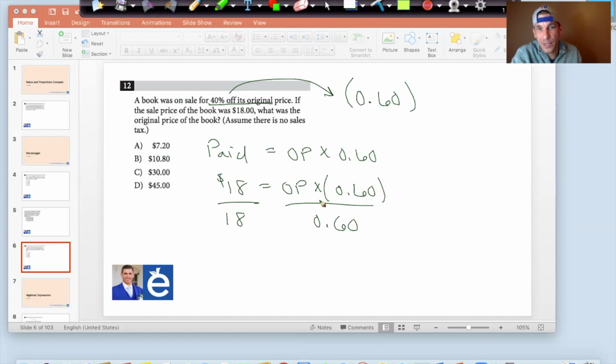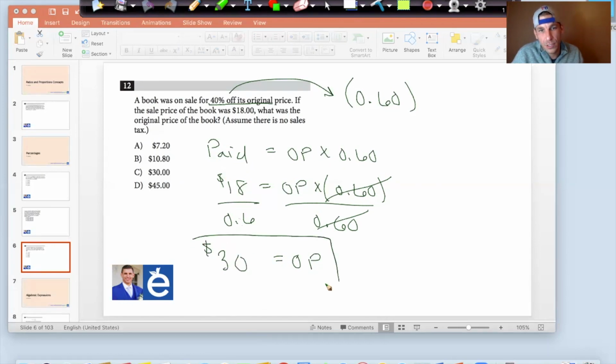This will give me my original price of the book. These cancel, I get original price by itself, and I get 18 divided by 0.6, and when I do that, saving some time, I get $30. That's my original price of the book here.